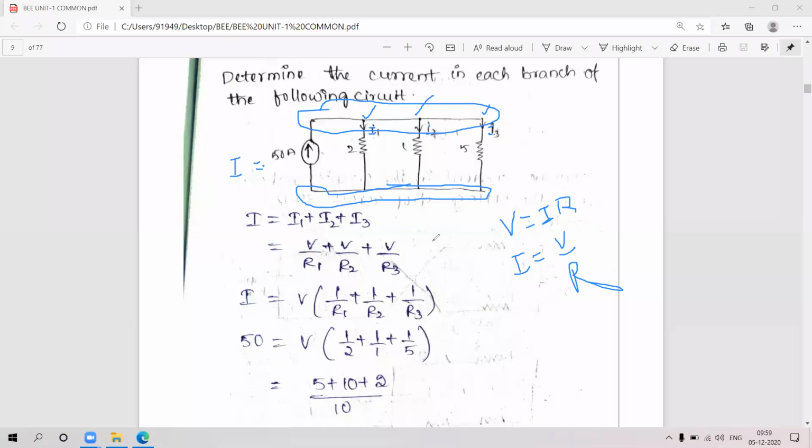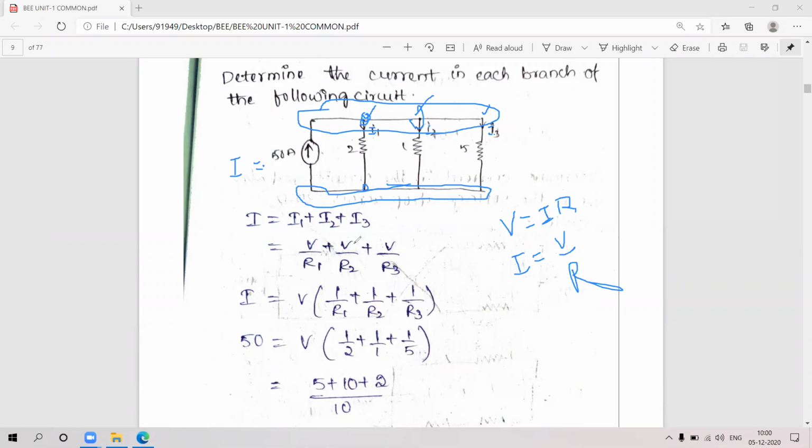So in the place of I1, here we know that it is a parallel connection. Because of the parallel connection, whatever the voltage is there, the same voltage will be applied across this resistor and this resistor.